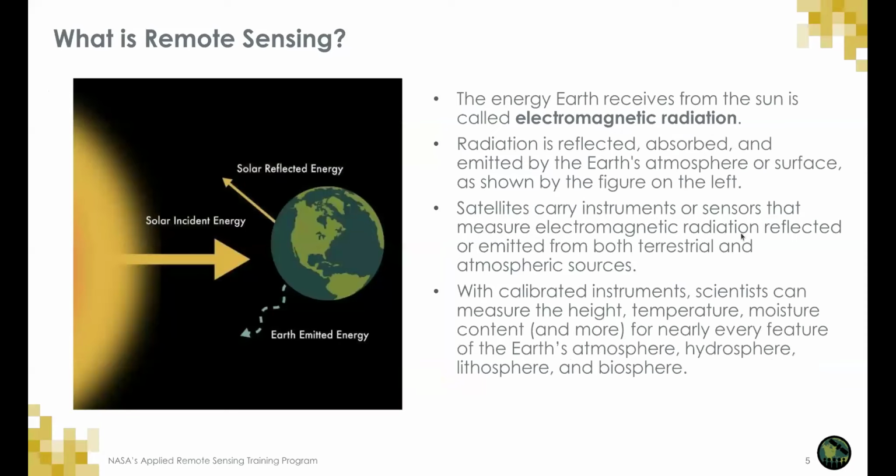So for Earth observation, what we rely on mostly whenever we do remote sensing is electromagnetic radiation, which primarily comes from the sun. All stars, the sun is a star, all stars actually produce electromagnetic radiation. And this electromagnetic radiation interacts with different objects on its path.